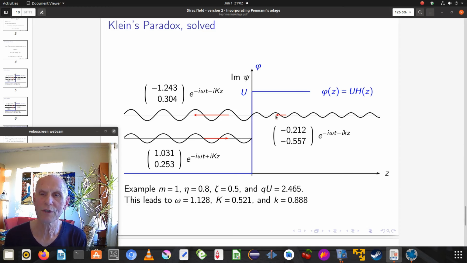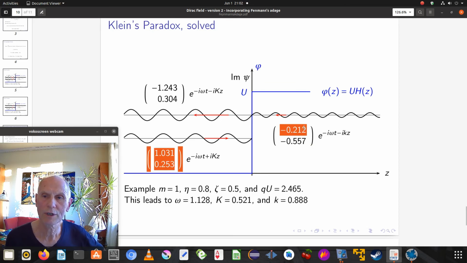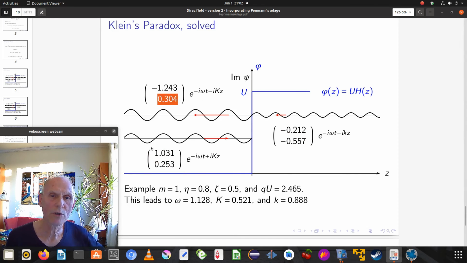Now we do have charge conservation, and that means that this incoming wave will induce a pair production by the potential, or by the potential gap. And as you see, adding these gives minus 2.12. Adding the second coordinates gives 0.557, and that's minus 0.557.